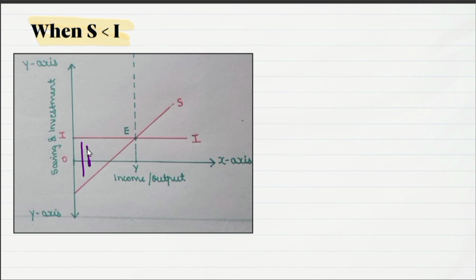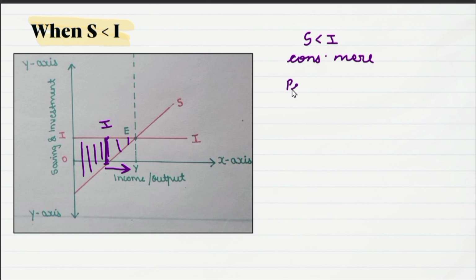The next situation is when planned saving is less than investment, which means we are talking about this portion. When we are at this portion, my planned autonomous investment is more than my planned saving, right? So we have to move towards this point. When planned investment is more than planned savings, it means that households are consuming more and saving less.